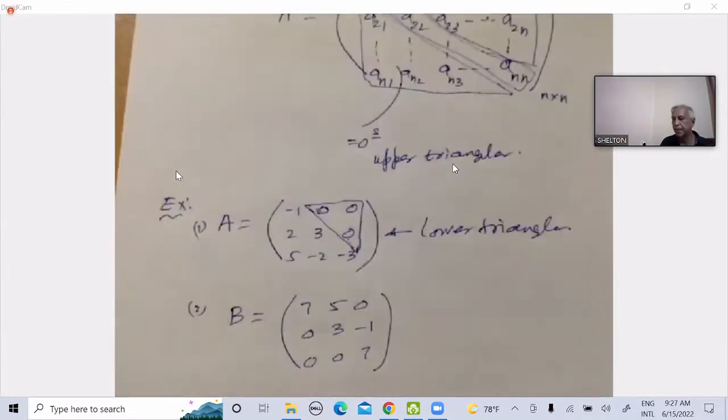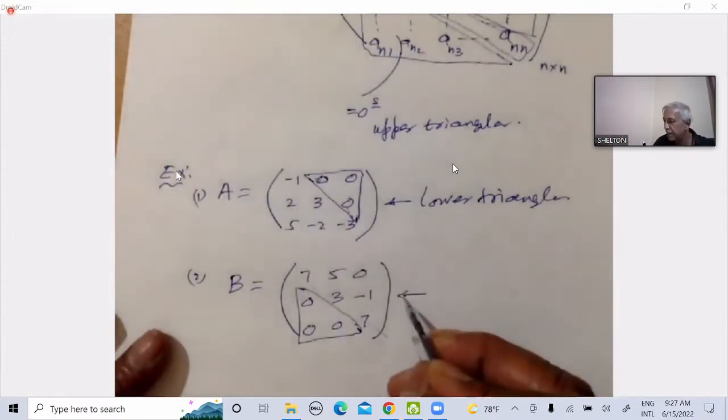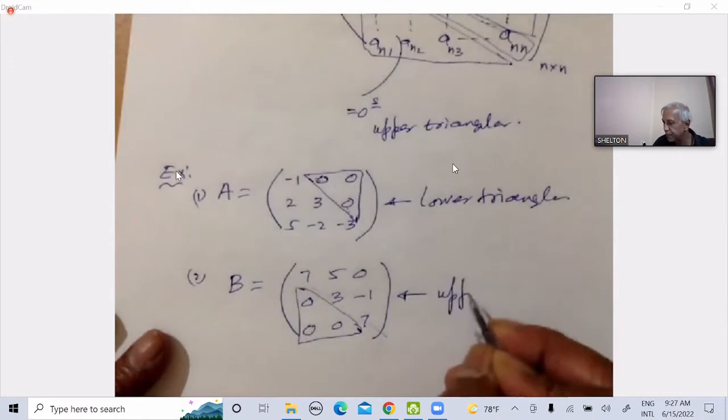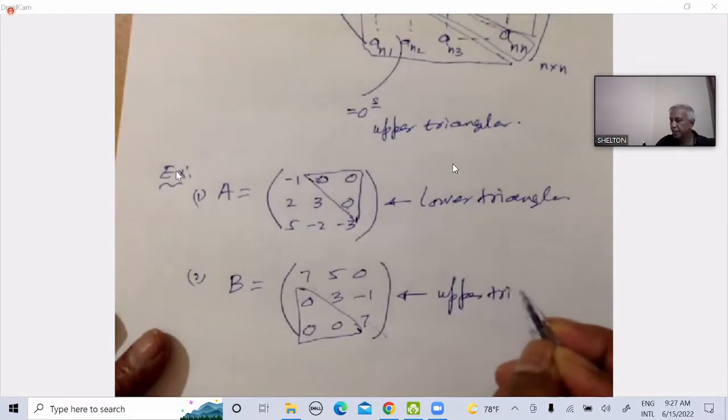This is an example of an upper triangular matrix. Look at the diagonal and the lower triangle. You don't have to draw, just observe. These are zeros. Therefore, this is an upper triangular matrix.